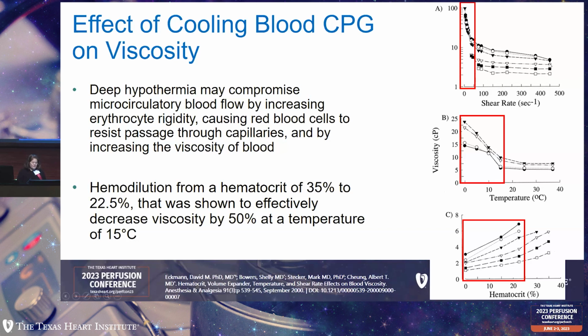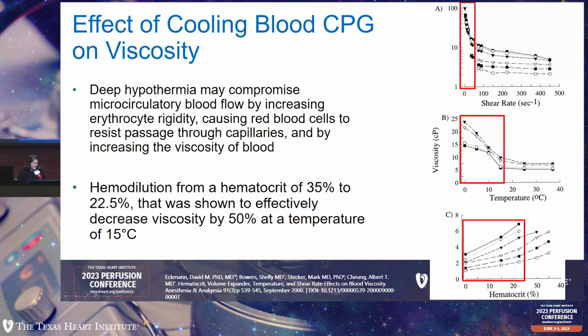So blood is shear thinning. At slower rates, it's going to have higher hematocrits. So when you have slower flows, the effect of the blood speed will be affecting your shear rate and your viscosity.